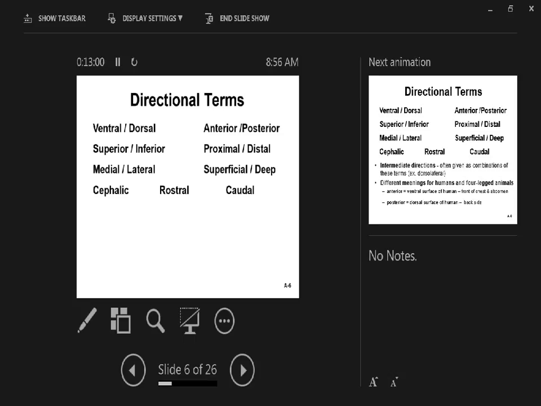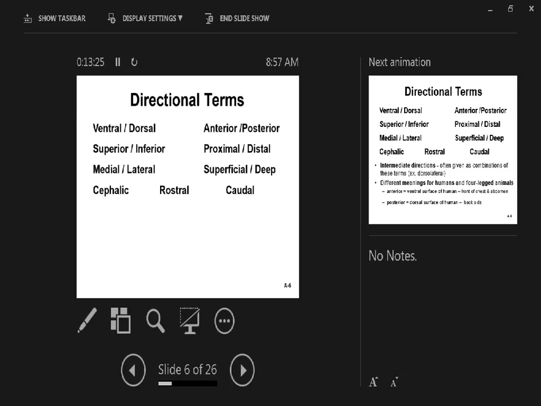Absolutely. Okay. Directional terms: words that describe the location of one structure relative to another are generally called the directional terms of anatomy. Table A1 summarizes those most frequently used. Most of these terms exist in pairs with opposite meanings. So that's why I asked you, why is the vertebral column or the spinal cord dorsal?